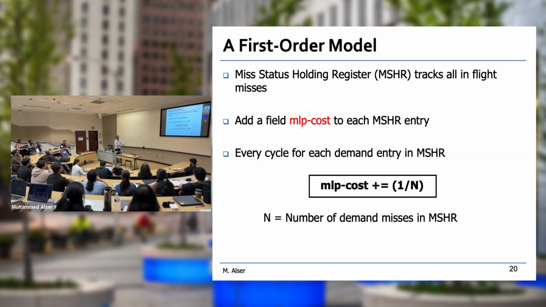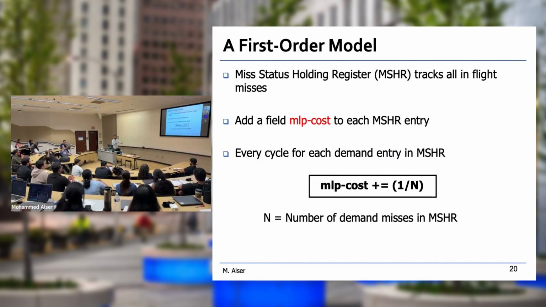So that is one of the drawbacks of this work: they require more hardware to be added to the existing design of the cache. They add a field, meaning more bits, to that register, and they call that field the MLP cost.